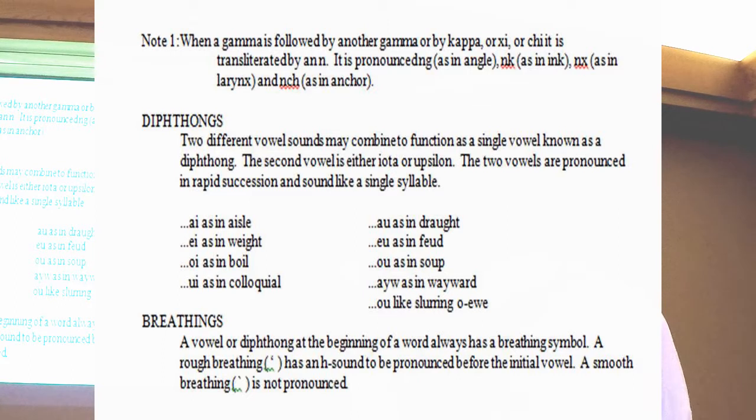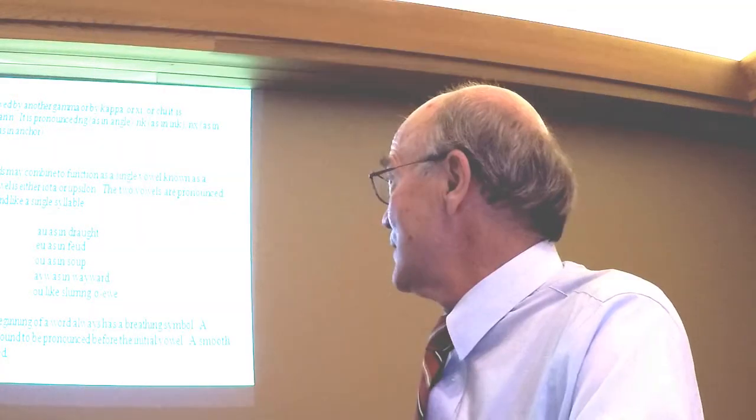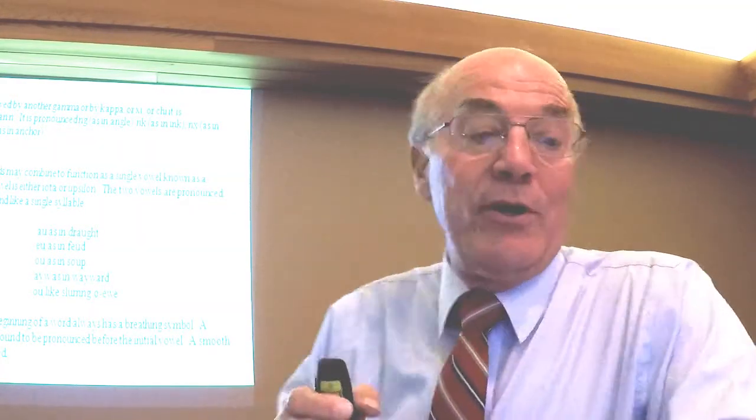I'll show you this later so you can just recognize there's three things here that you need to keep in mind. The one is with the gamma. If it's just one gamma, you don't need to worry about it. But there are some special things when there's two vowels, and then these two marks, the smooth and the rough marks.